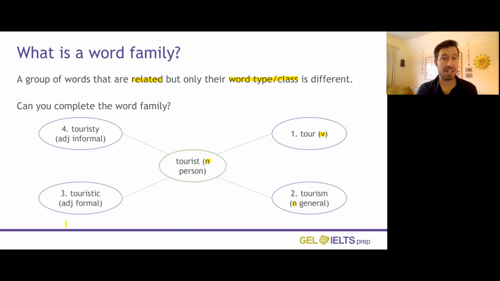There are two adjectives, one of them formal, which is touristic, and then another one which is more informal, which lots of people use when they're speaking, which is touristy. So I think touristy is a bit more common than touristic, particularly in speaking. So this is what we mean by a word family. They're not the same word, but they are related, and just their word type or word class is different.